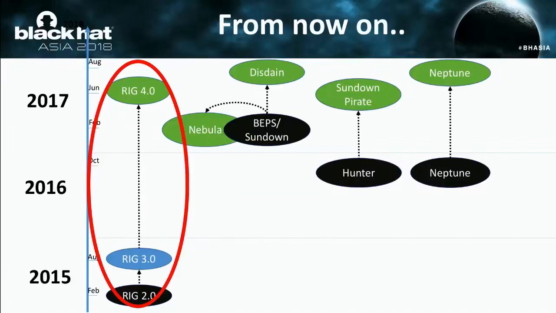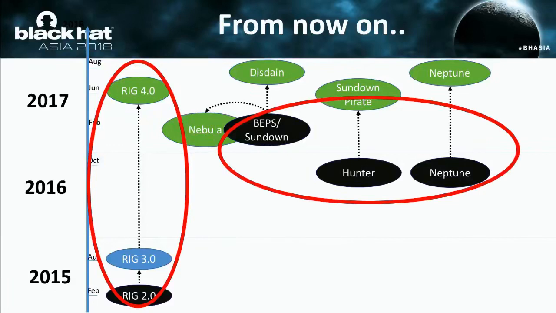This might lead to the takedown of the RIG4 Exploit Kit. So from now on, I would like to move to the other exploit kits, which are the Beeps, also called Sundown, and the Hunter and Neptune Exploit.